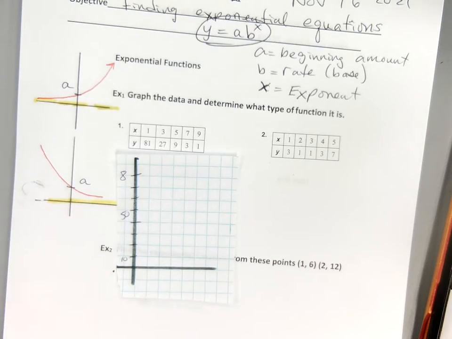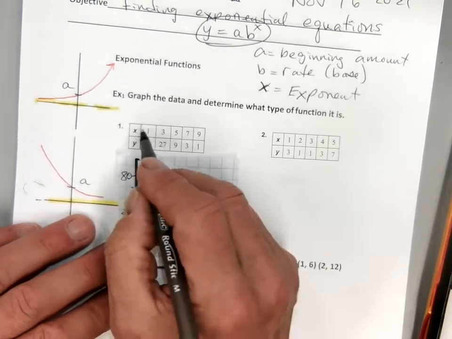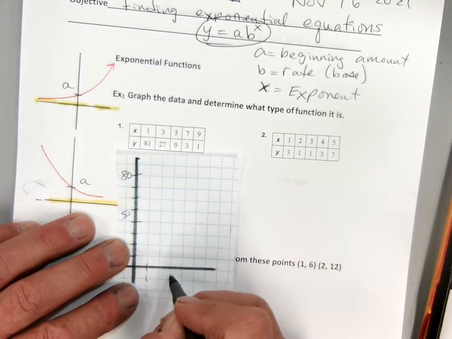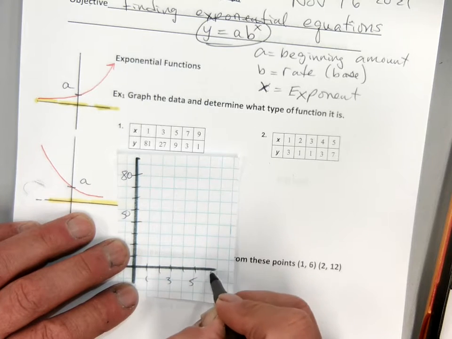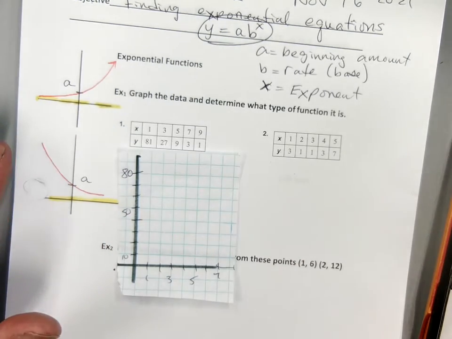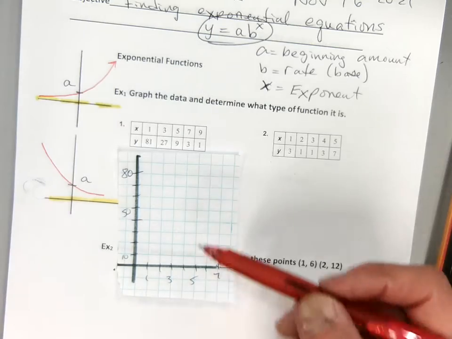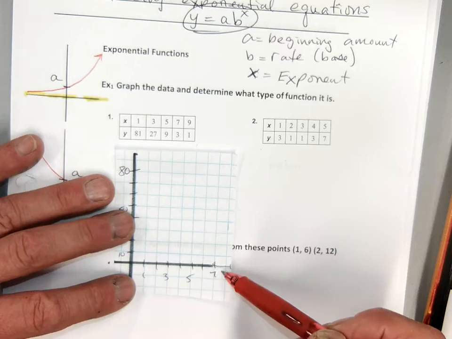Okay, so we're just going to do a graph, all the way up to 80. And I'm going to go by ones on my x-axis, 1, 2, 3, 4, 5, 6, 7, 8, 9. We'll make it fit. So I've got my scales set up, so I can go all the way up to 81, and my x scale to go to 9.